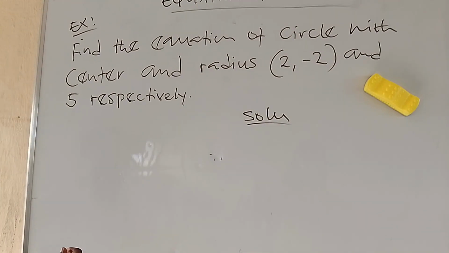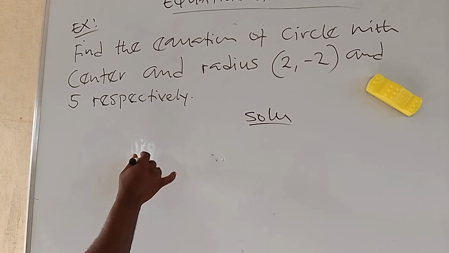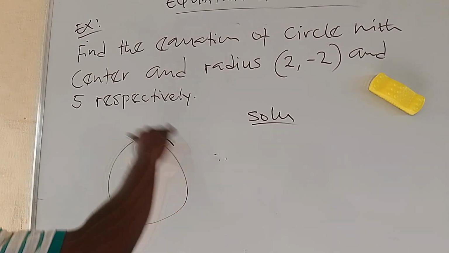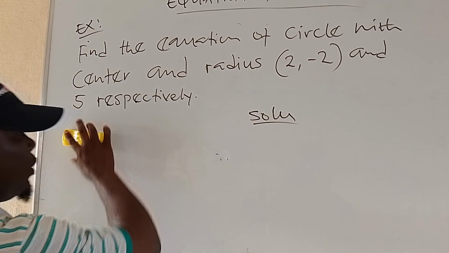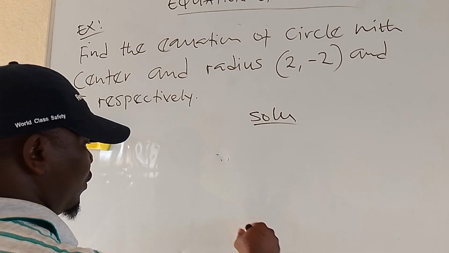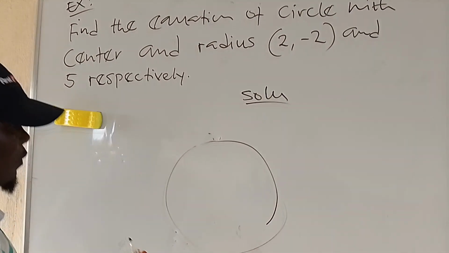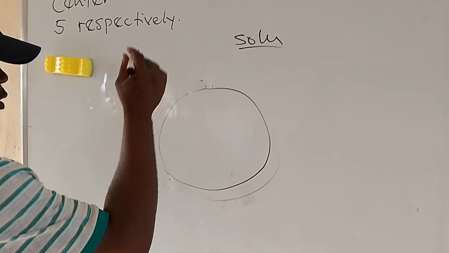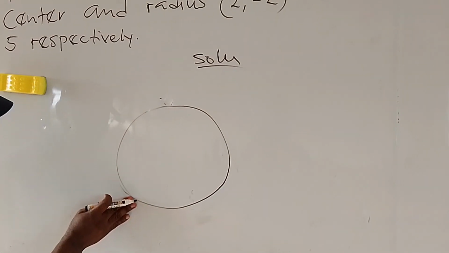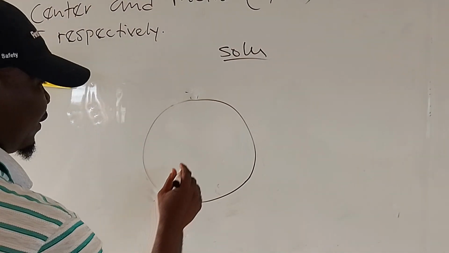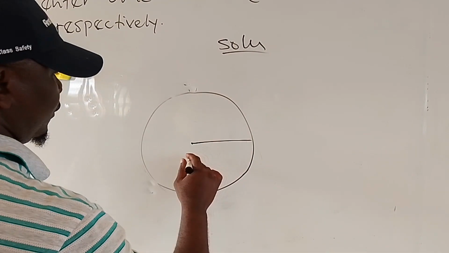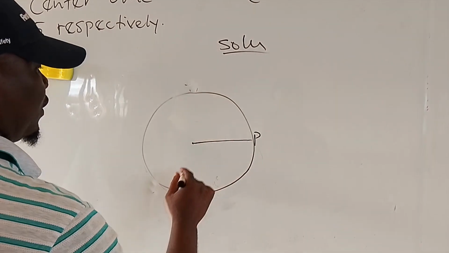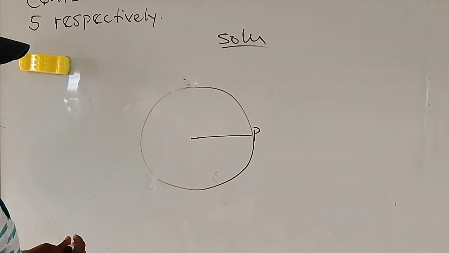Okay, let's have a circle. This is a rough work. Let us have it in this form, although it's not perfect. This is point P. This is the center, true or false?